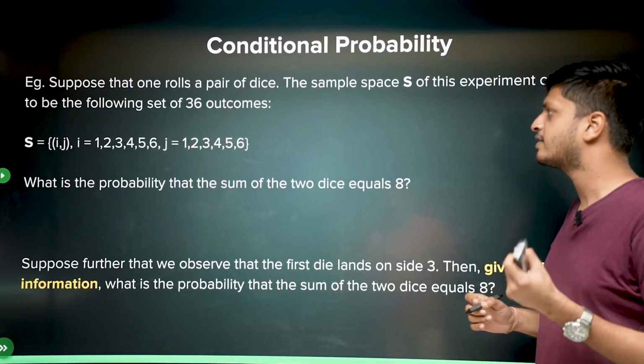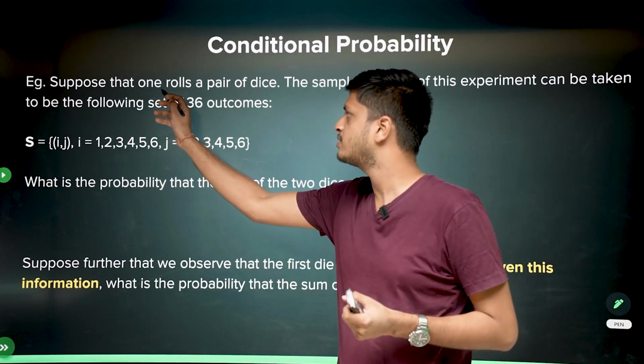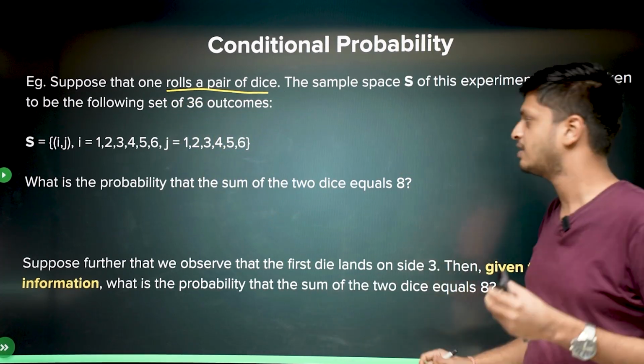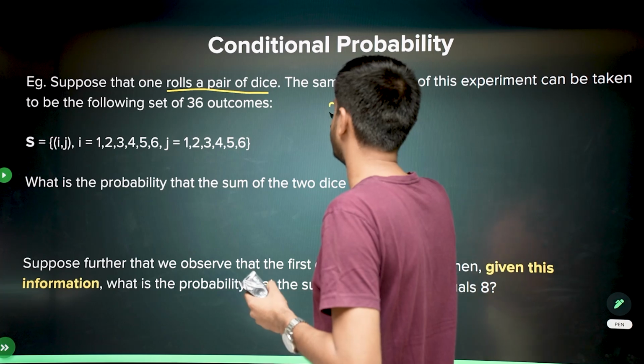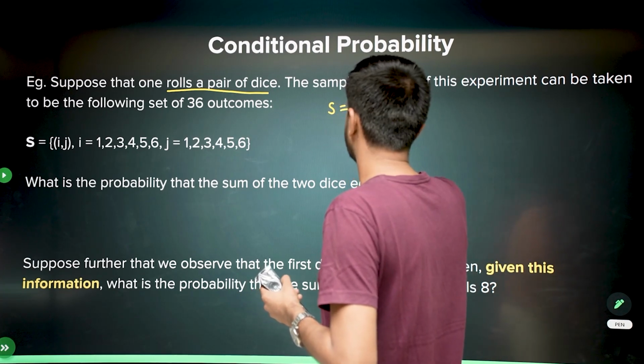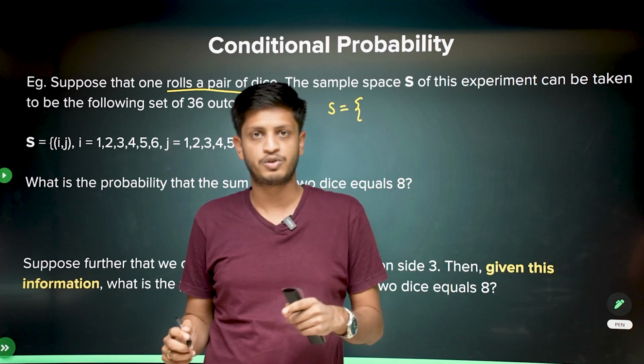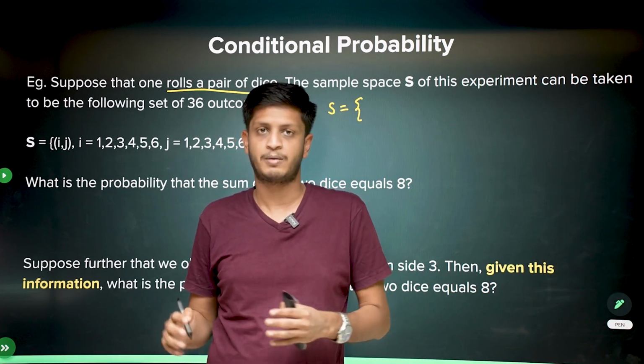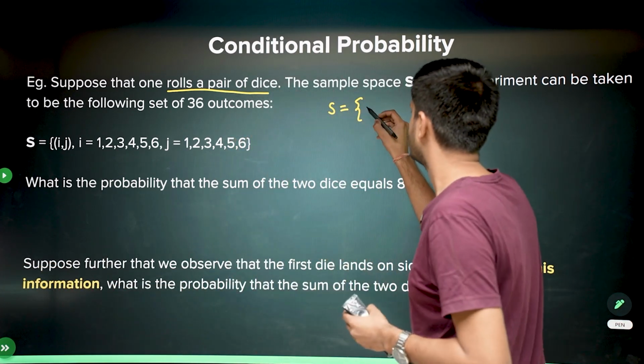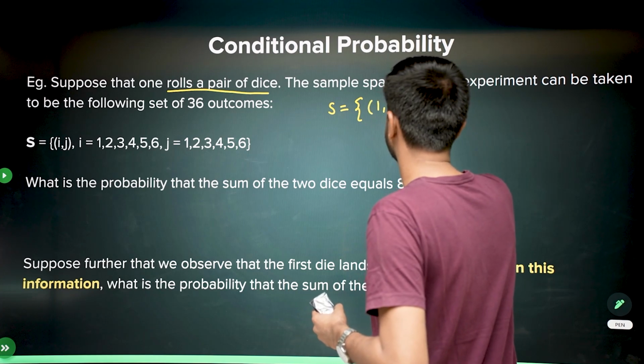So we'll start with an example. Suppose that one rolls a pair of dice. If you are rolling a pair of dice, we know that the sample space consists of 36 outcomes. You can get 1 on both, 1 2, 1 3 and so on up to 6 6. So you have 36 possible outcomes.